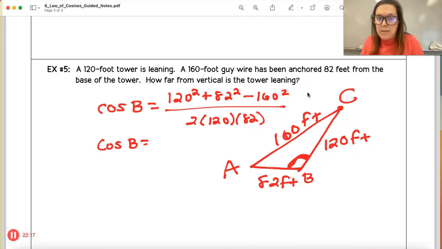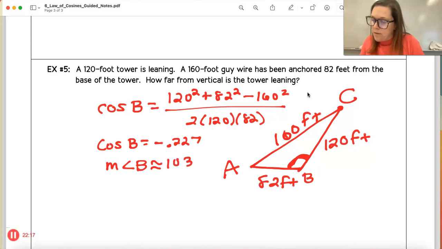Make sure you put parentheses and all that jazz. That gets me about negative 0.227-ish. And then I'm going to do a second cosine, second answer. So the measure of angle B is about 103.15 degrees.